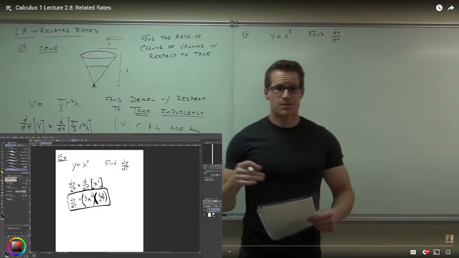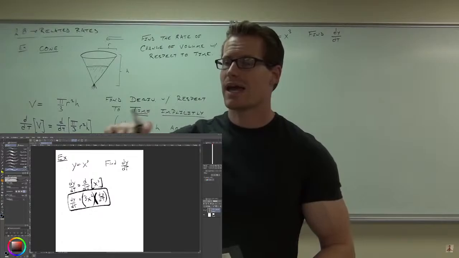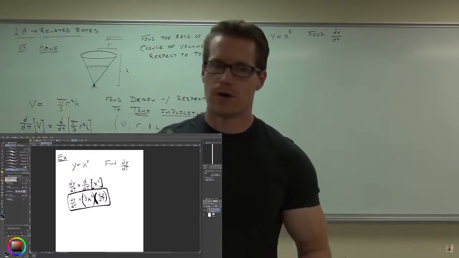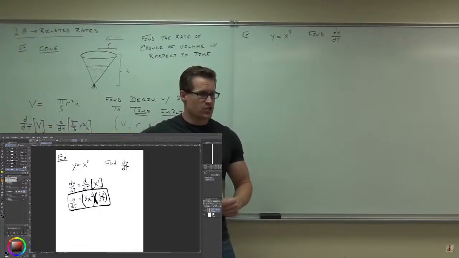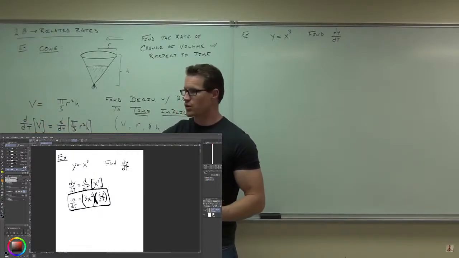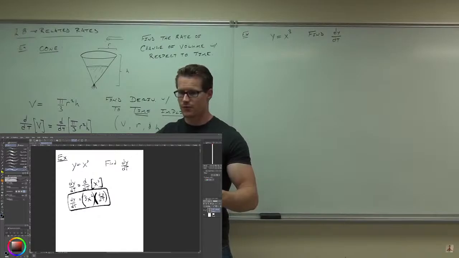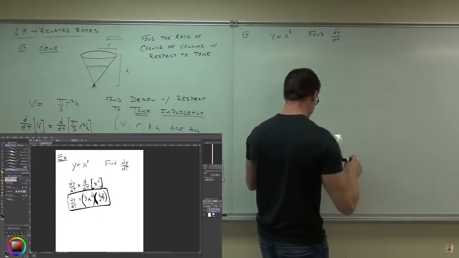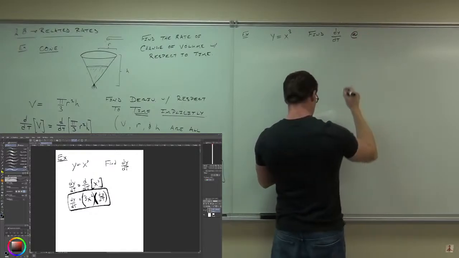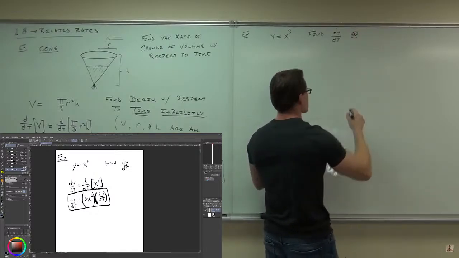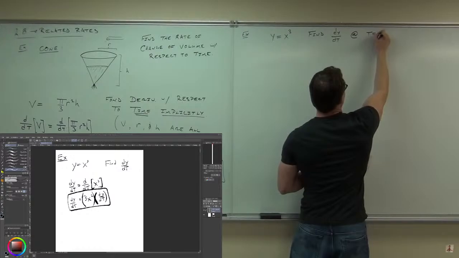dt, and here's what this implies. It implies that y and x are both functions in terms of t, just like this was. It implies that y is changing according to time and x is changing according to time. Are you with me on this? So they're functions in terms of t. At t equals 1.